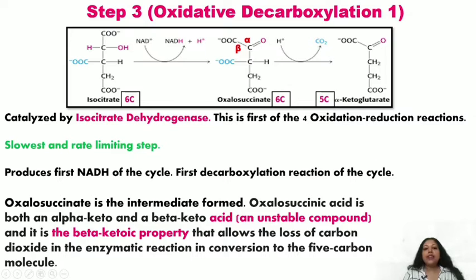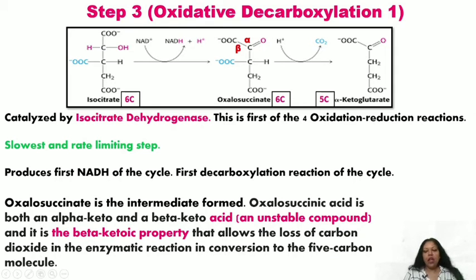Rather, it is required to convert the second carbon into a keto group first, and because of the beta keto property of oxalosuccinate, although it has alpha keto property also, it is easy for this moiety to remove the second COO minus group in the form of CO2 to undergo decarboxylation easily, converting 6-carbon isocitrate into a 5-carbon alpha ketoglutarate, correct? So remember every tidbit which I am explaining in every step.